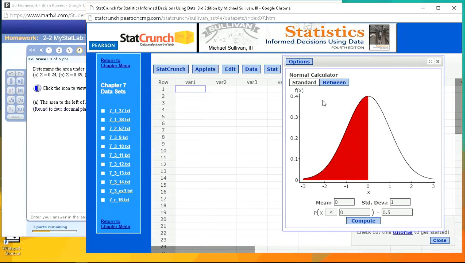But what we want to do is make sure that the mean and the standard deviation are 0 and 1 respectively. So that refers to a standard normal distribution, the mean of 0 and a standard deviation of 1. So if we're ever talking about the distribution of Z, it's a standard normal. Mean 0, standard deviation 1.